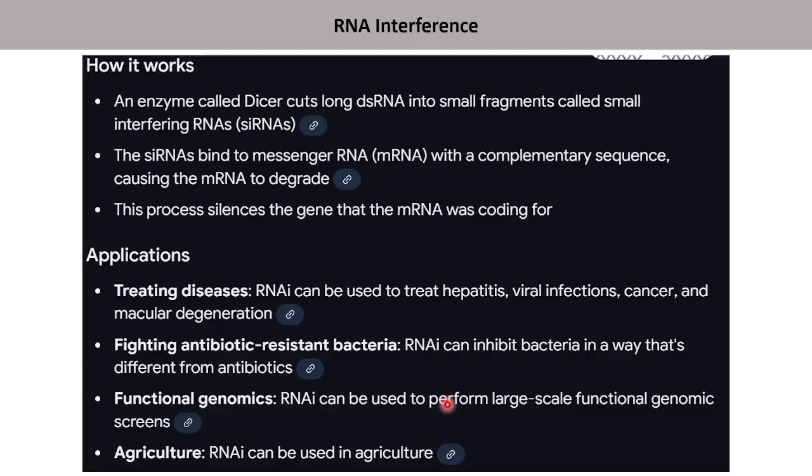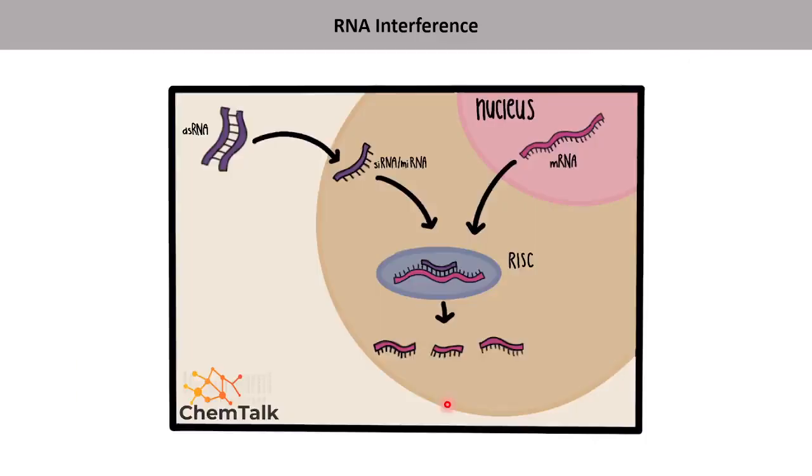RNAi can also be used in agriculture in various aspects. Some degenerative genes can be silenced, which are inhibiting the plant or harming the plant in some kind of ways. There is one latest technique where RNAi is used for deterring the pests which affect different kinds of plants. So these kinds of techniques come in handy when studying agriculture, and RNAi has a lot of functions in that.